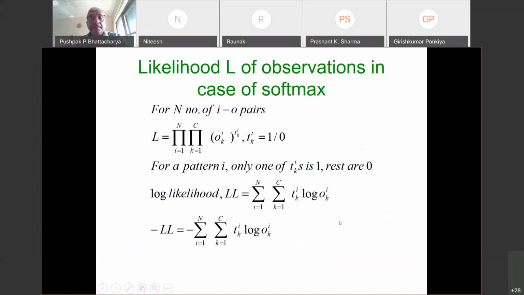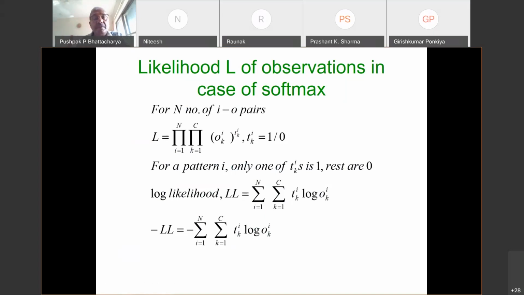Now, the likelihood of observation in the case of softmax is expressed as Oik to the power tik, where t is the target value and O is the observed value. And if we take the product of these quantities over all the patterns and all the classes, that is the likelihood of the training data.